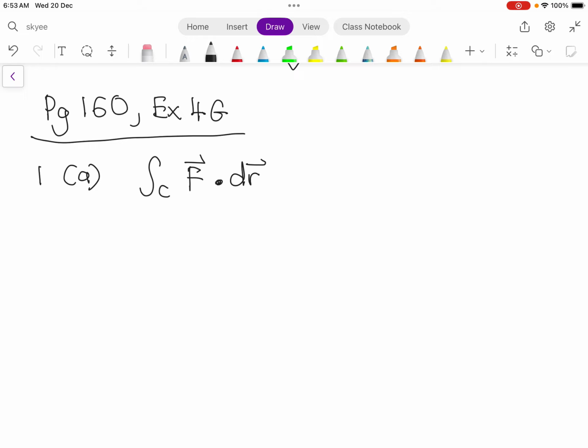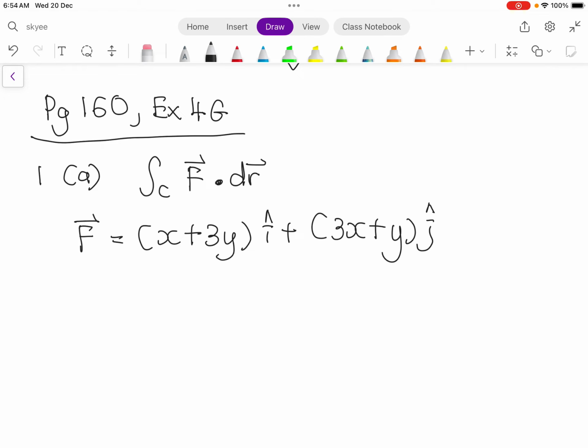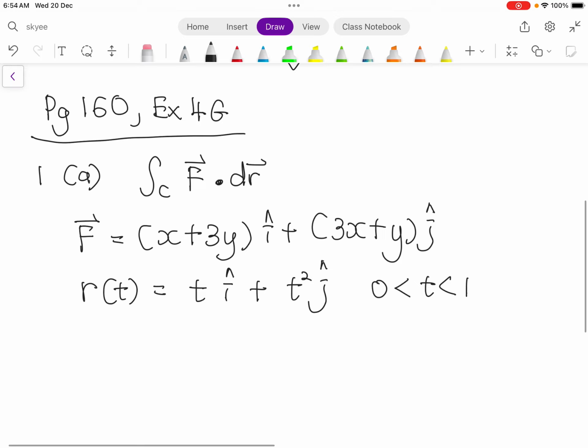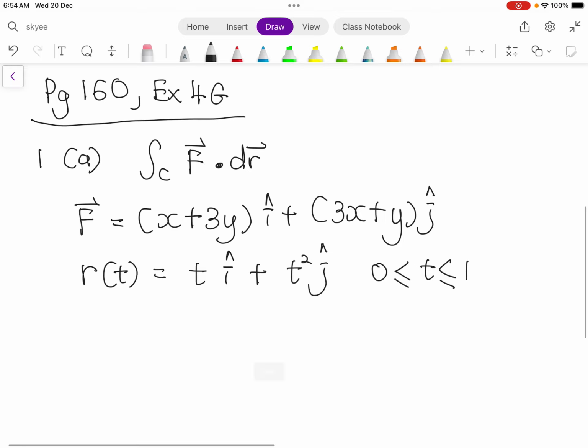Given that F is x plus 3y, this is your i component, plus 3x plus y, this is your j component, and your r in t is ti plus t squared j, and your t has been given, from 0 to 1. So let's do it.